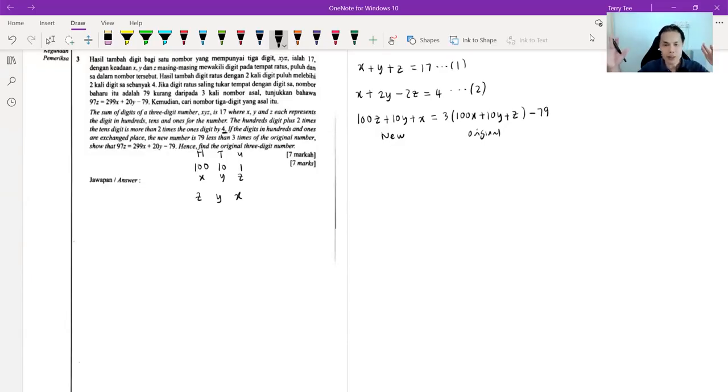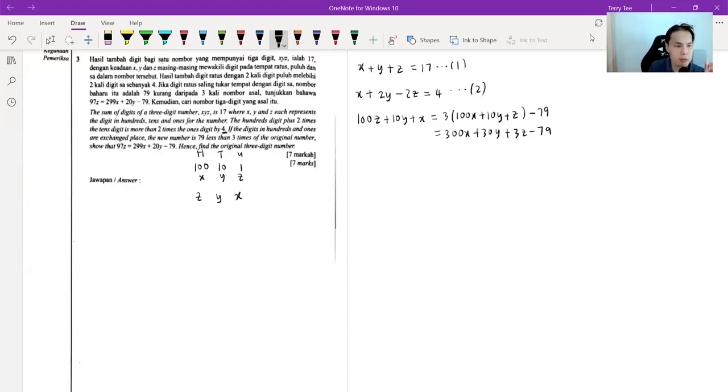It's easier to think that way, because sometimes you don't know where to plus or to minus. So we minus 79 from 3 times the original number. With that, we can expand and simplify this: 300x plus 30y plus 3z minus 79.